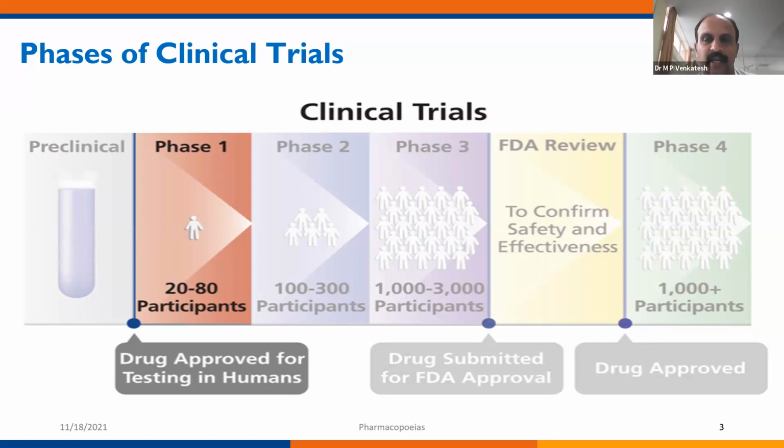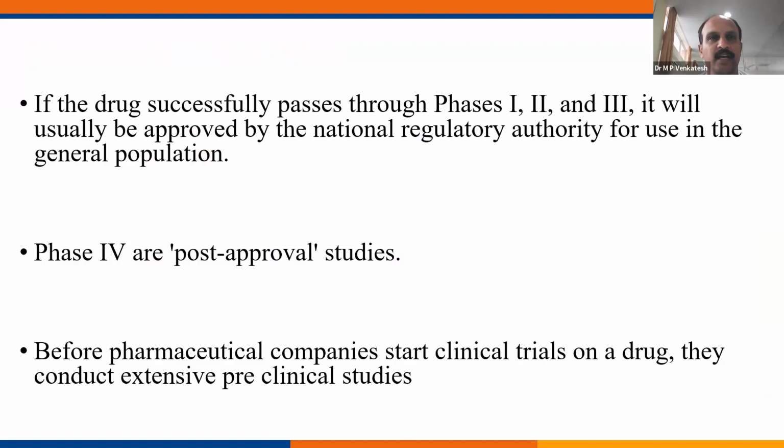Once the drug enters the market as an approved drug product, it is available for the general public to take this medication. And parallelly, there is the starting of phase 4 studies, which are called post-approval marketing studies or post-marketing studies. If the drug successfully passes the different phases of the clinical trials, it will usually be approved by the national regulatory authorities, which we call NRA, for use in the general population.